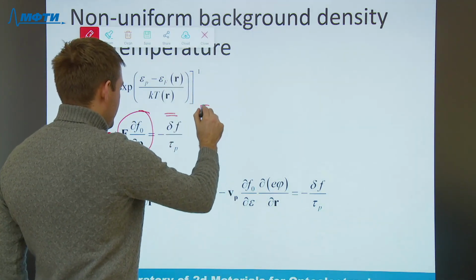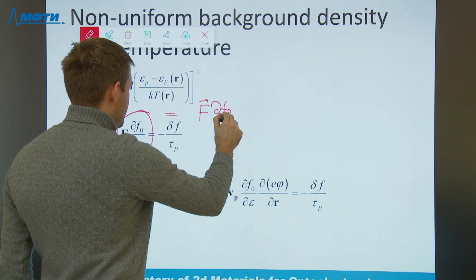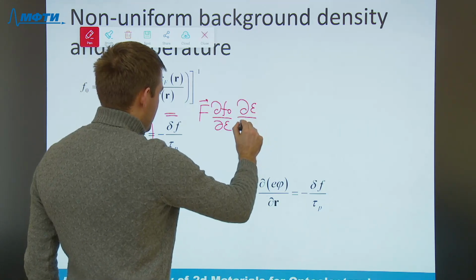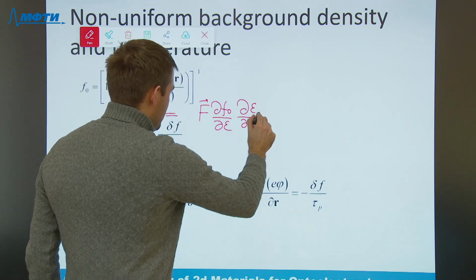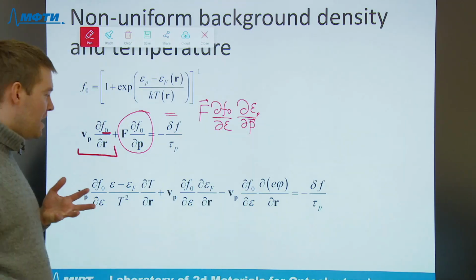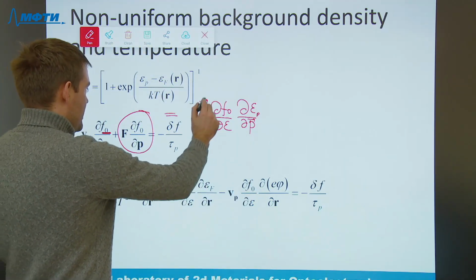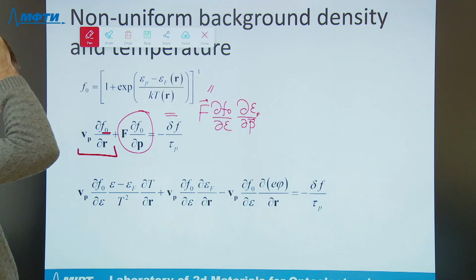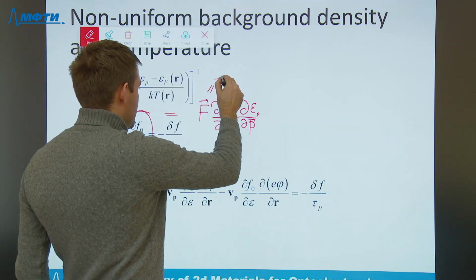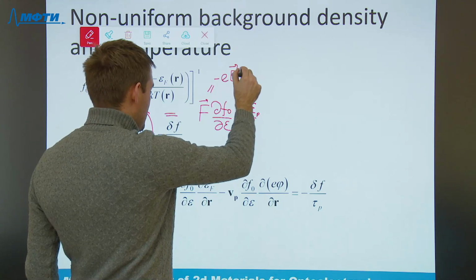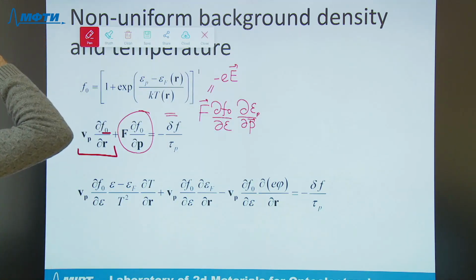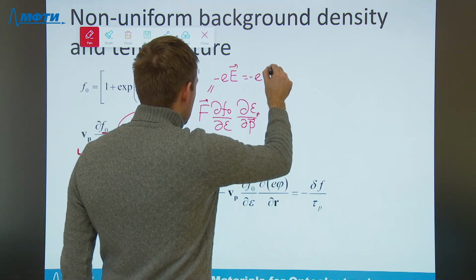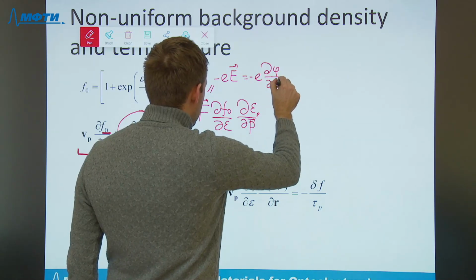It is actually the force multiplied by derivative of distribution function with respect to energy multiplied by derivative of energy with respect to momentum. But derivative of energy with respect to momentum is nothing but velocity, and electric force equals nothing but minus eE, or the derivative of electric potential with respect to the coordinate.